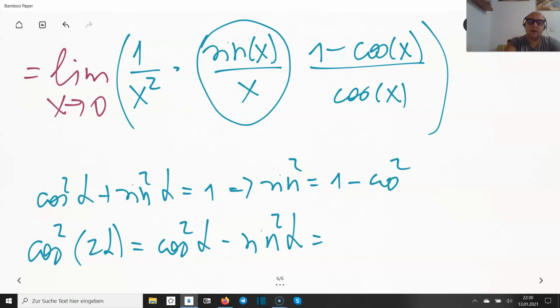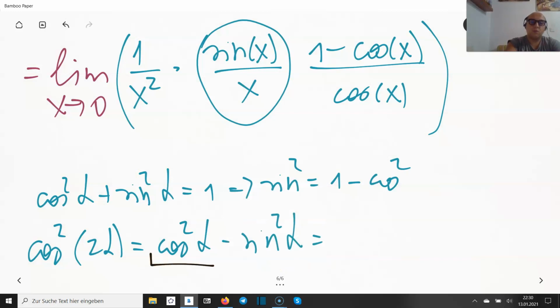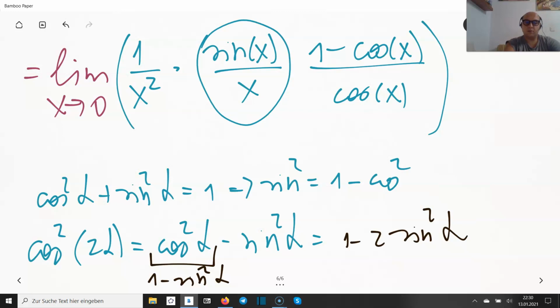I'm substituting cosine squared as 1 minus sine squared of alpha. So I'm having 1 minus 2 sine squared of alpha here. Is it right what I'm doing?